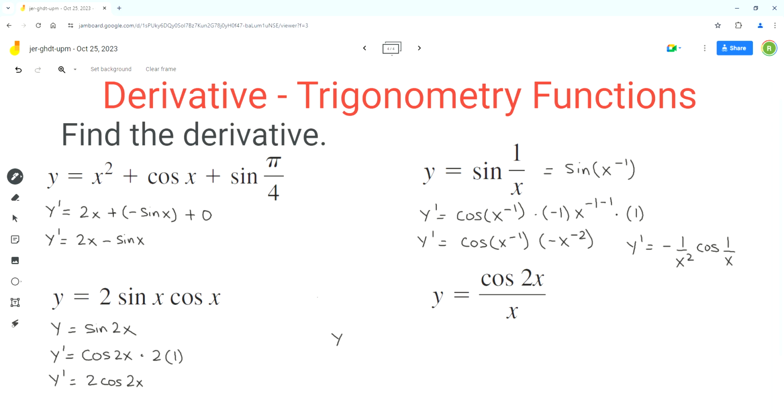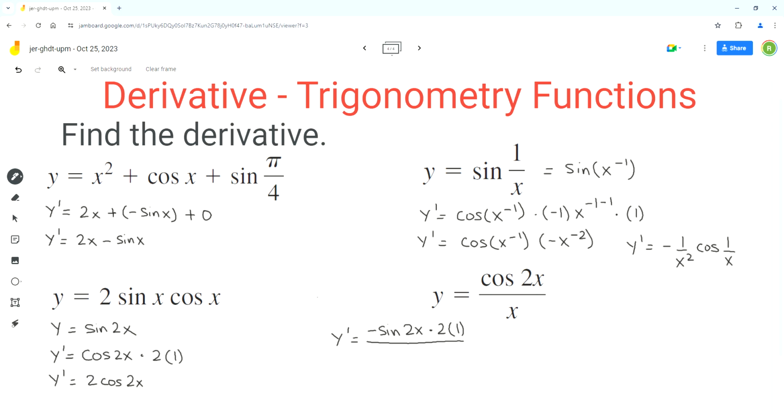As per the quotient rule, we start with the derivative of the numerator. For the numerator, we'll have to use the chain rule. The outer function is the cos function, so the derivative of cos is negative sine, times the derivative of the inner function, which is 2x, and the derivative will be 2 times 1.